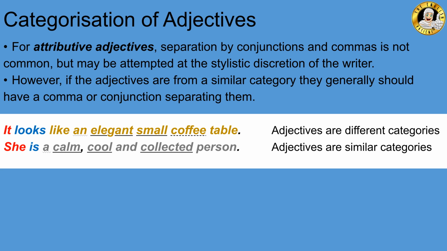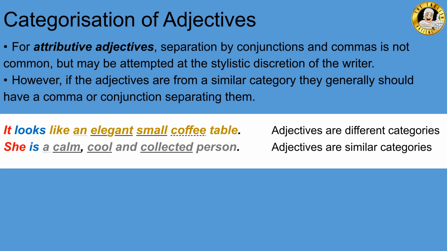So in the first example here, it looks like "an," so "an" is here a central determiner telling you the quantity of the table, which is the head noun in this phrase. So "an elegant, small, coffee table." Here, "elegant" and "small" are from different categories. They are describing different things.